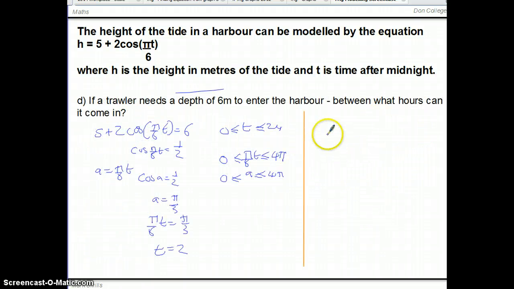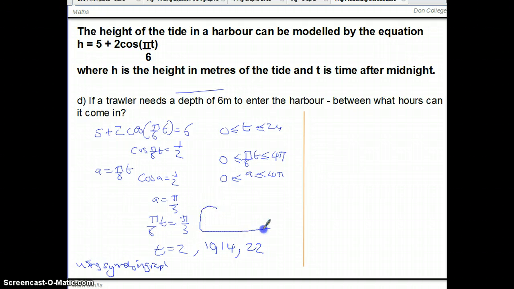So using symmetry in the graph, I'm going to get t equals 2, 10, 14 and 22.